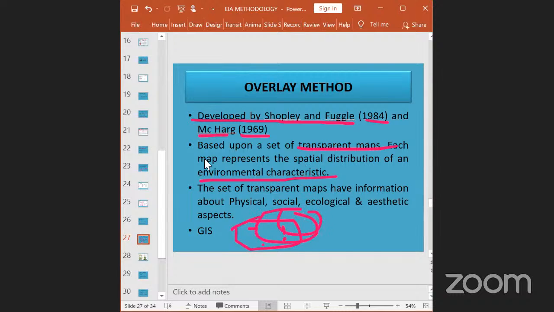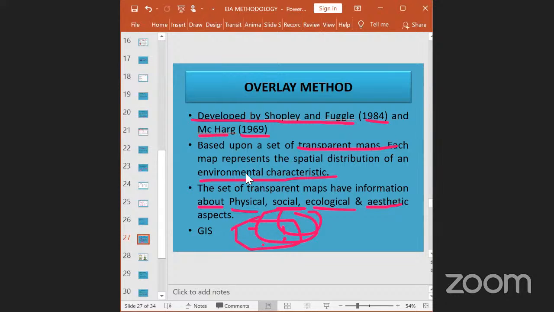The sets of transparent maps have information about physical, social, ecological, and aesthetic aspects, such as land use and other relevant characteristics relative to the location of the project area. This is to evaluate the degree of associated impacts for many project alternatives.